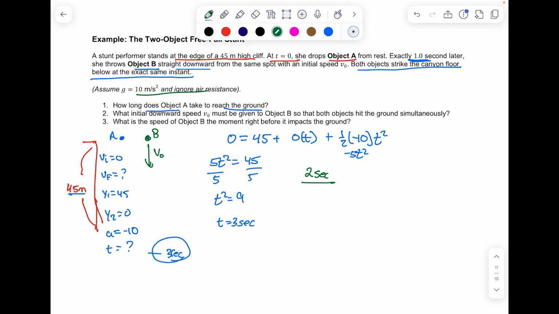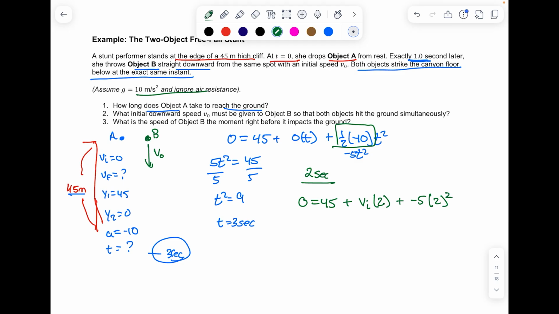So I'm going to use the same equation: 0 equals 45 plus, I do not know what v initial is, times 2, plus negative 5, which is 1/2 of negative 10, I'm just doing that in my head when dealing with gravity, times 2 squared.